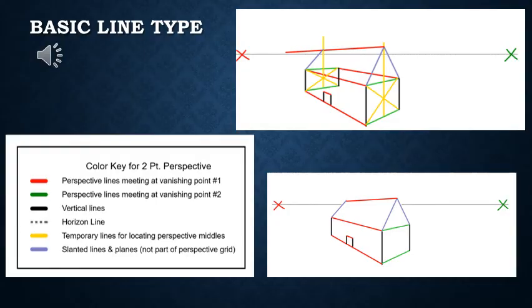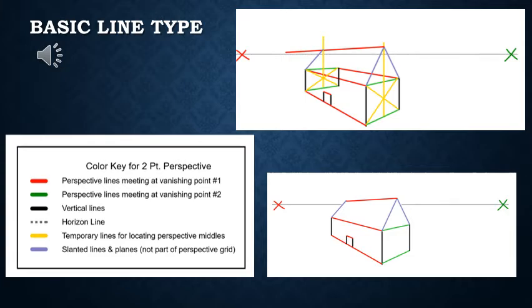Okay, in this slide we are going to discuss the basic types of lines which are used in 2 point perspective. We already came to know the basic line types which are used in perspective. In 1 point perspective we discussed the basic lines, and these are the same lines which are used in 2 point perspective, and in 3 point, 4 point and 5 point.